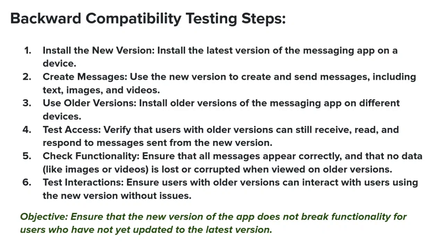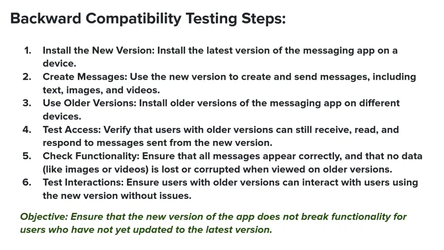Now how can we do backward compatibility testing? Backward compatibility means we have to ensure that the new version of the application does not break the functionality for users who are using previous versions of that application.